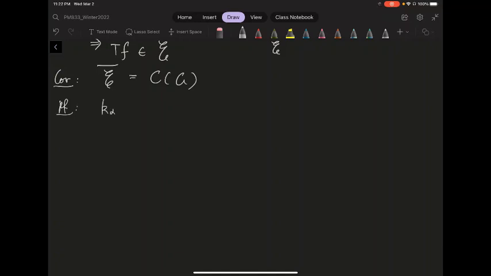You pick a K_alpha approximate unit, or approximate identity, inside C(G). You can make them symmetric, so you can make K_alpha(x) equal to K_alpha(x inverse) bar. And then you construct a bunch of these Hilbert-Schmidt operators.